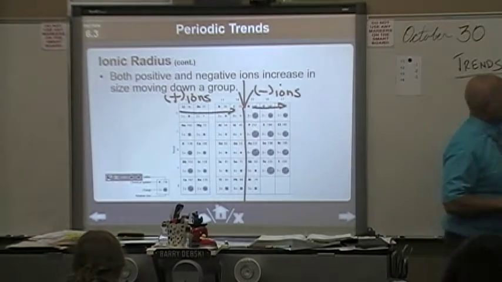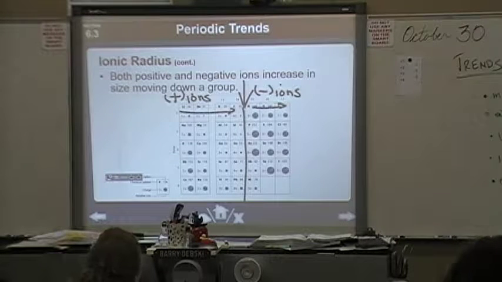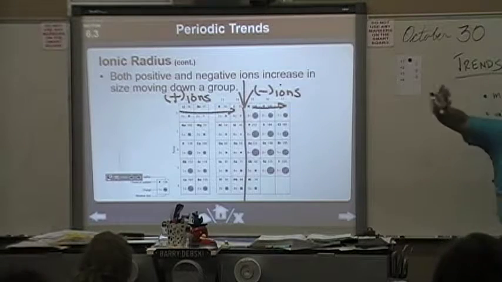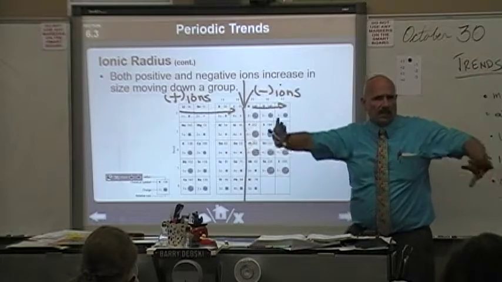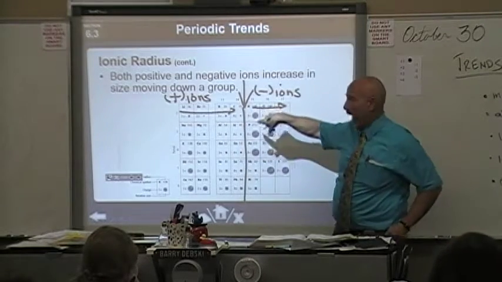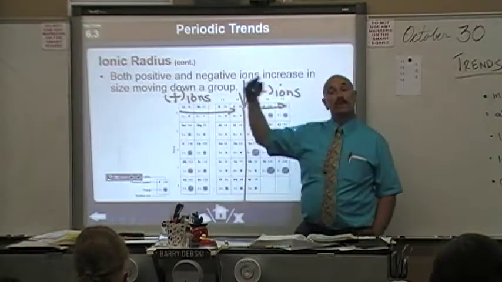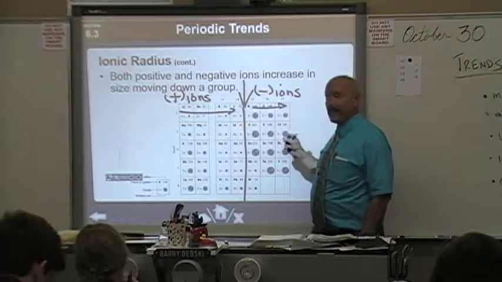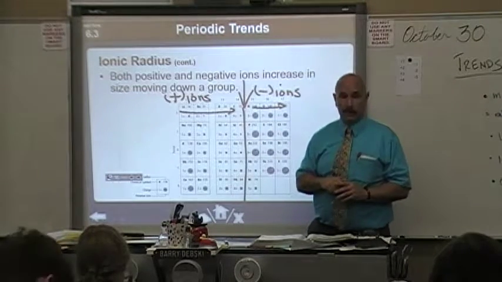Because remember, like oxygen here, we talked about on your homework, I'm putting more electrons in, so I'm not losing an energy level. They're going to push away from each other until they get the maximum size possible. So these are actually a little bit bigger than the atoms they come from. Everything that forms a positive ion is losing an energy level. Everything that gains electrons is staying the same and actually getting a little bit bigger.